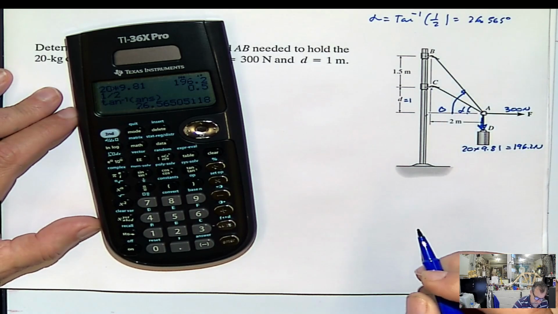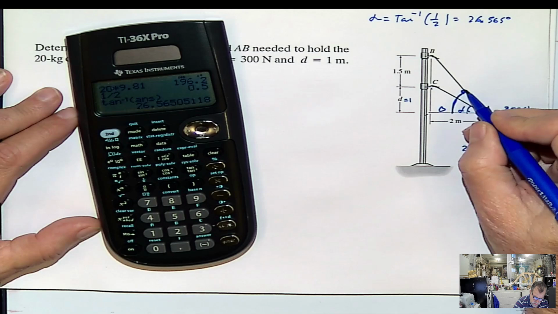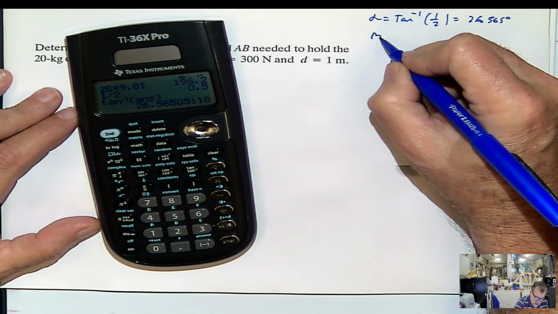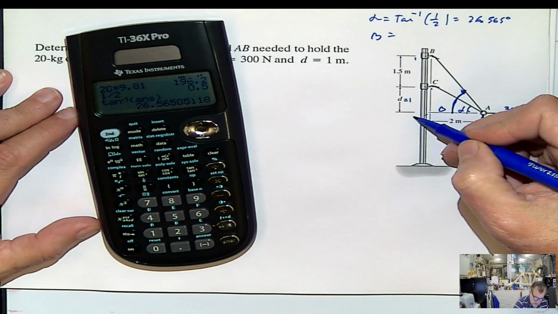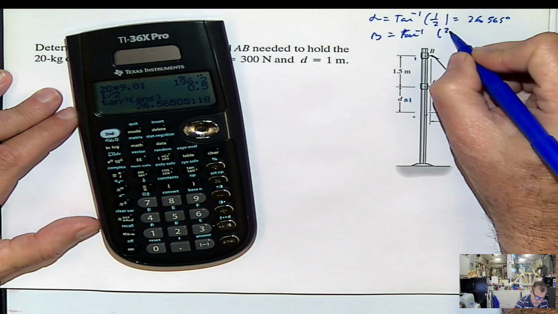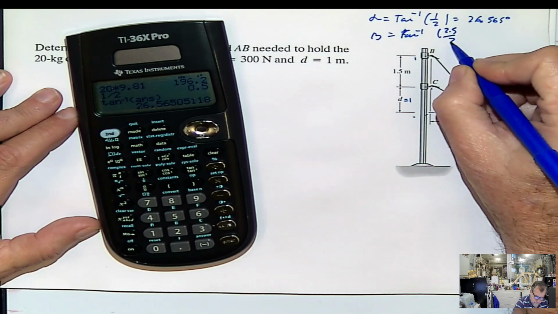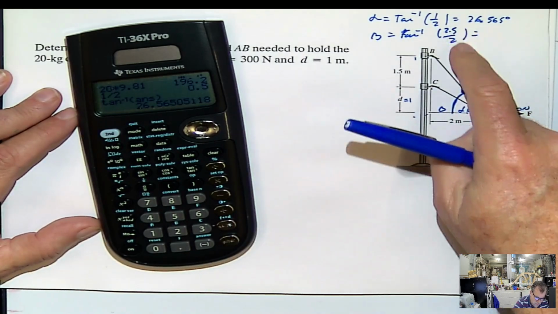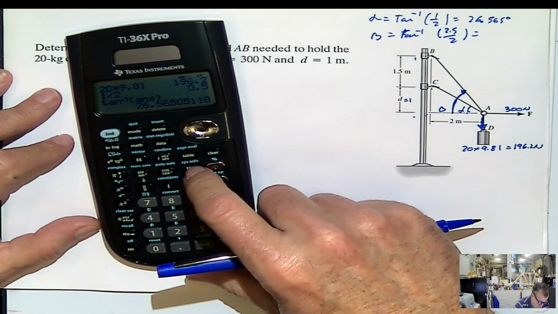Alpha is 26.565 degrees, and beta will be the inverse tangent of this distance, 2.5 divided by 2. 2.5 divided by 2 is 1.25.